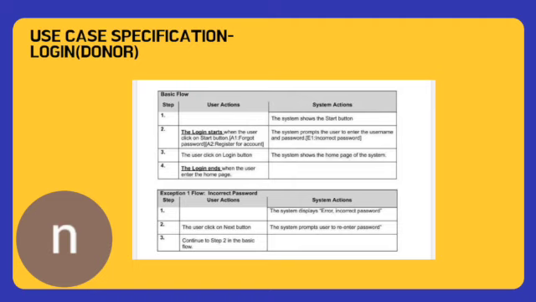About the extension 1 flow, incorrect password. It starts with the system action which displays the error, incorrect password. The user clicks on the next button, and the system prompts the user to re-enter the password. It will continue to step 2 in the basic flow.